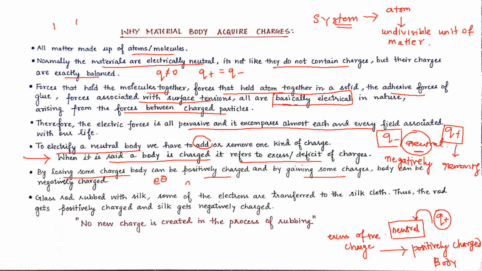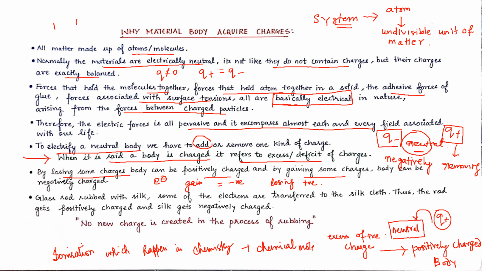By gaining some electrons, it will be negatively charged, whereas by losing some electrons, it will be positive in nature. This is similar to ionization, which happens in chemistry with chemical molecules and atoms. Okay, it's similar to this.